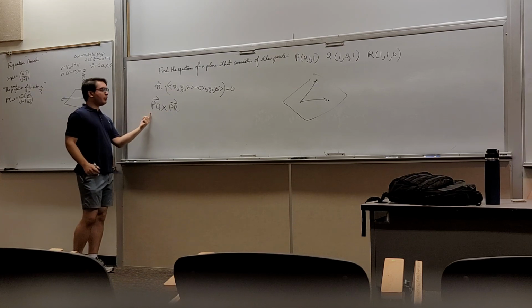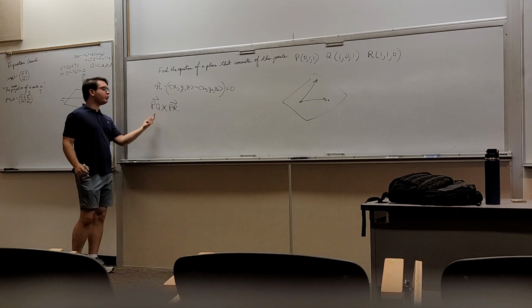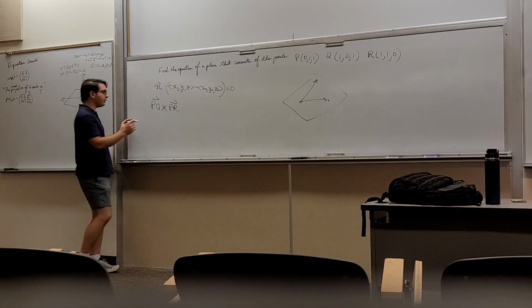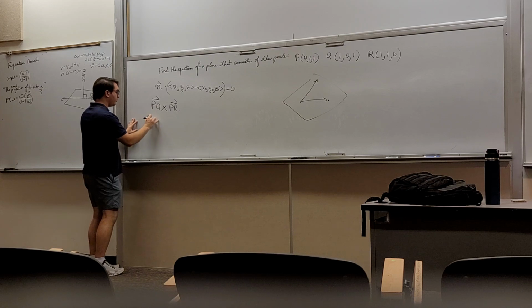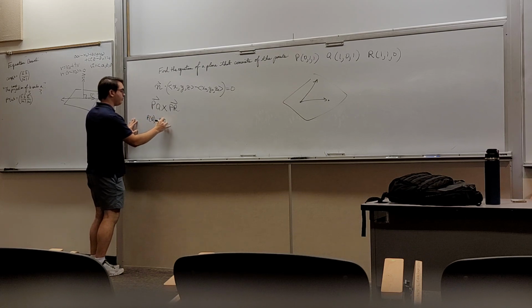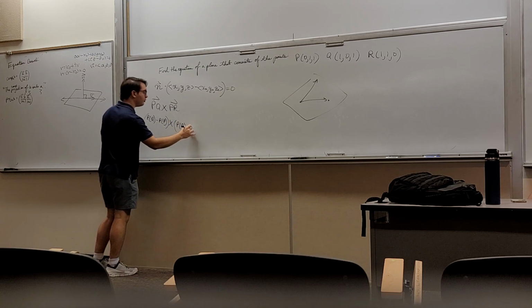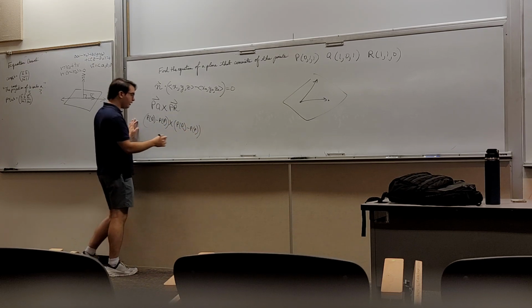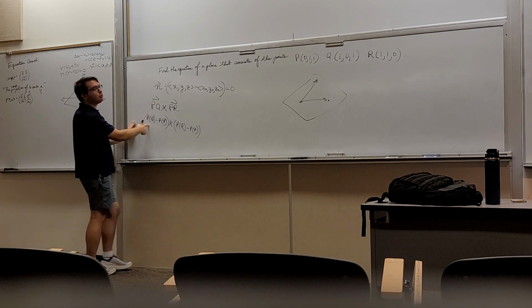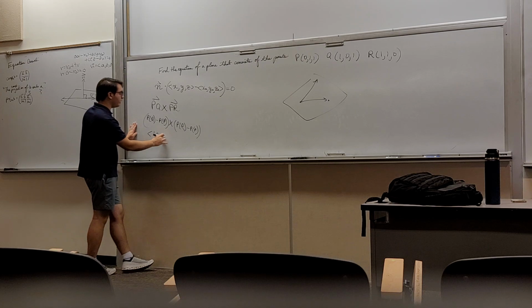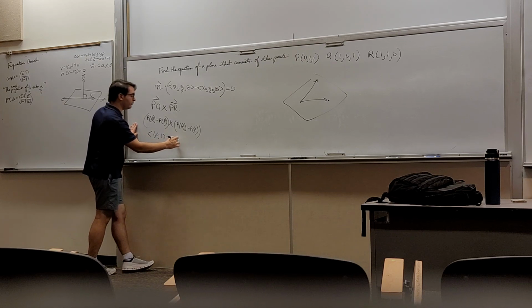Now, to do PQ, do I do Q minus P or P minus Q? Q minus P, good. So this will be the point Q minus the point P, cross with the point R minus the point P. Point Q is 1, 0, 1, so 1, 0, 1 minus 0, 1, 1.